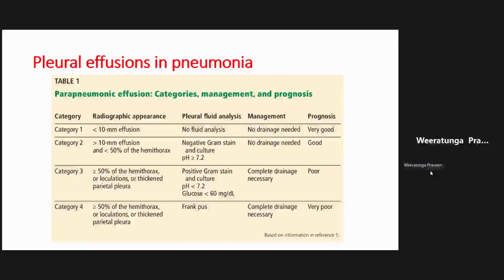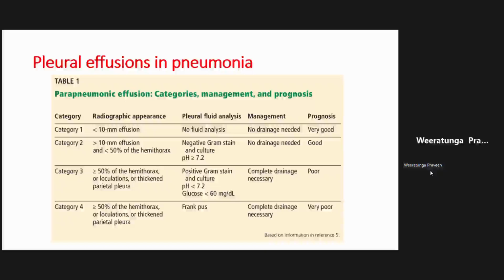When you aspirate it, sometimes you can aspirate frank pus. Or when you culture it, there are organisms, right? When you do a Gram stain or culture, organisms are isolated. Also, if you take the pleural fluid and do a gas on it, the pH will be less than 7.2. That is a very important marker of an empyema.